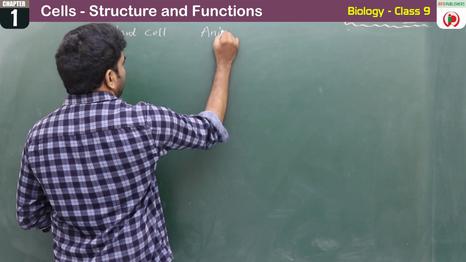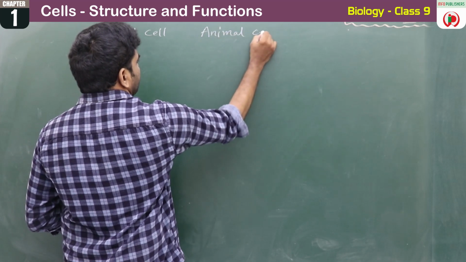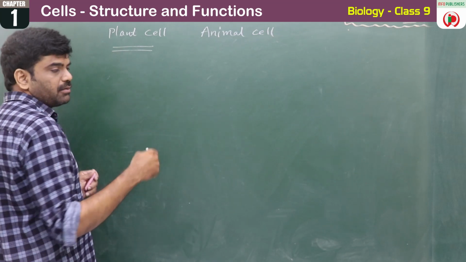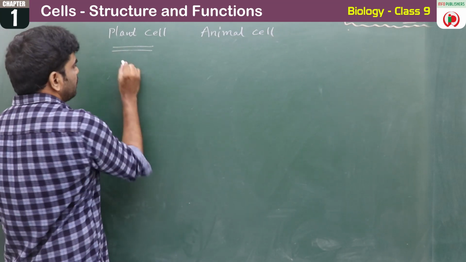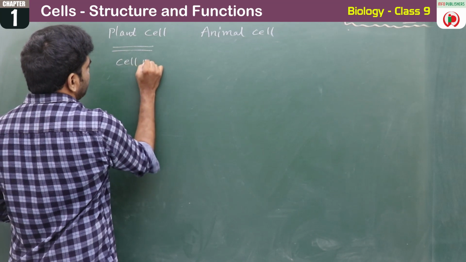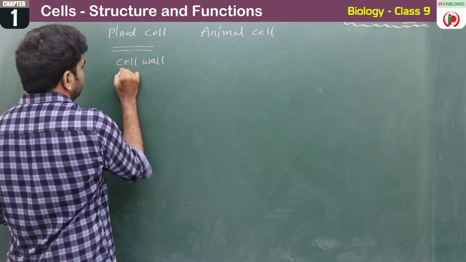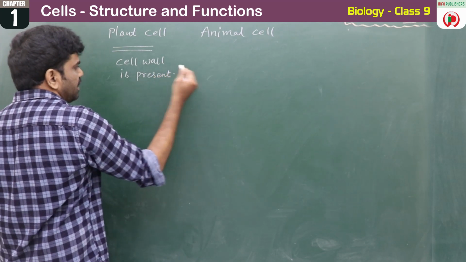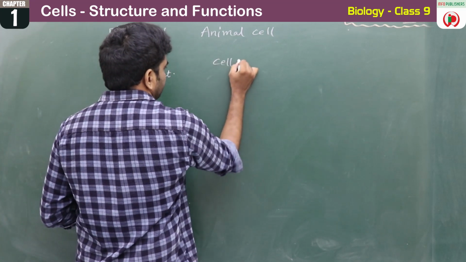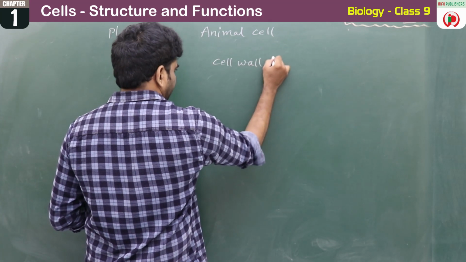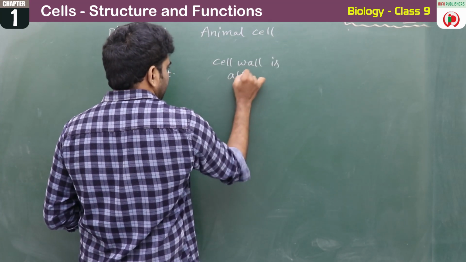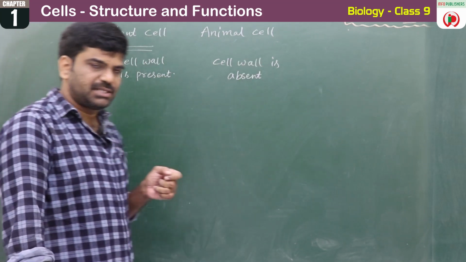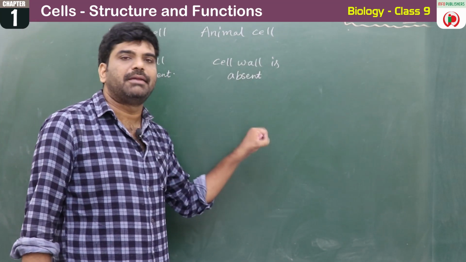In plant cell, the cell wall, made up of cellulose, is present. In animal cell, cell wall is absent. This is the first major difference between plant cell and animal cell.